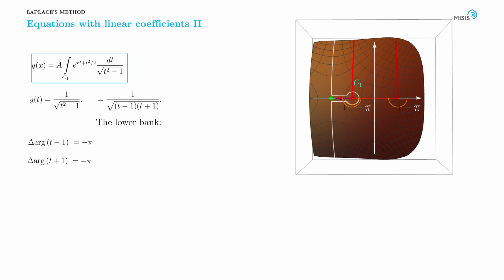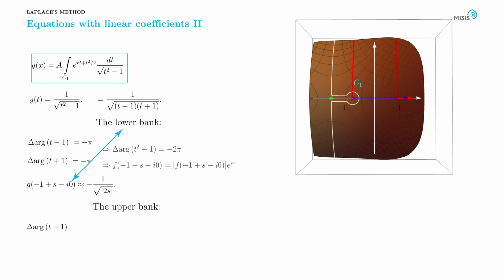So the total change of t squared minus 1 is minus 2 pi. When we take the square root, we end up with minus pi. As a result, the g of t function will have the opposite sign on the lower bank. Now we expand it near t equal to minus 1 and obtain. A similar procedure should be performed for the upper bank.